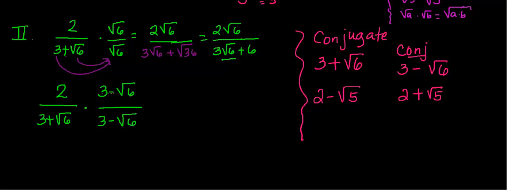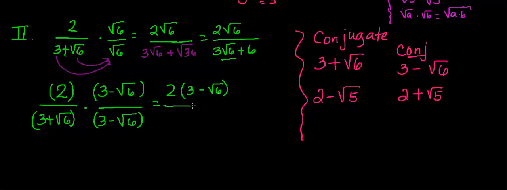So I'm really multiplying by 1, but it's disguised. Now, this is a binomial. This is a binomial. This is a binomial. This is a monomial. Now I'm going to multiply numerator times numerator. That means I have to multiply 2 times 3 minus the square root of 6 in the numerator. And in the denominator, I'm going to have 3 plus the square root of 6 times 3 minus the square root of 6.